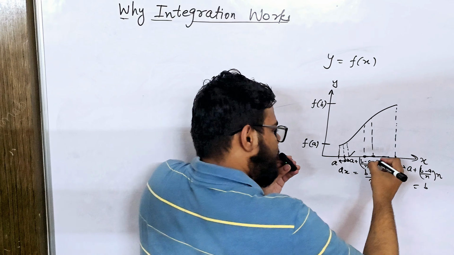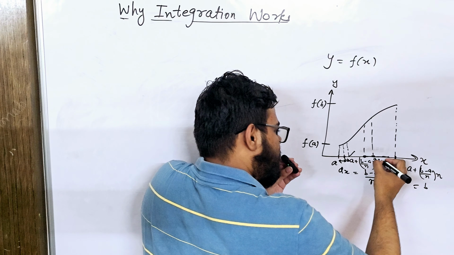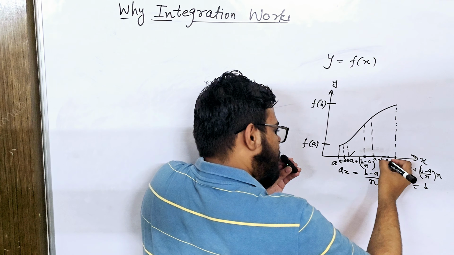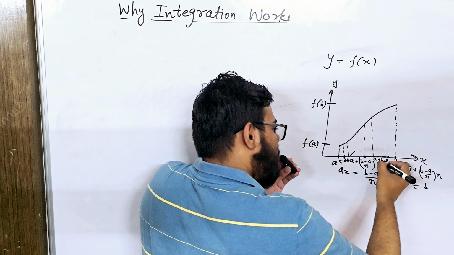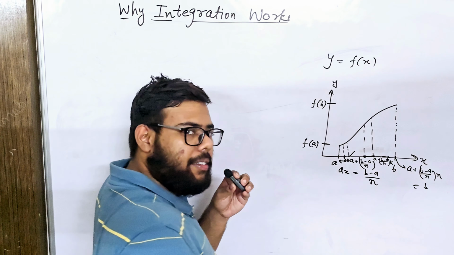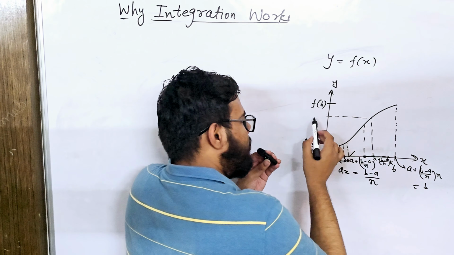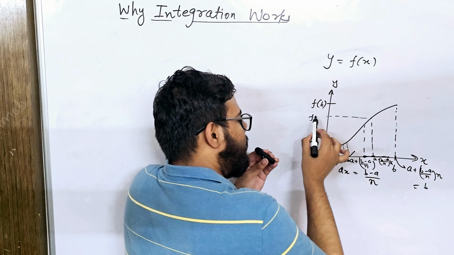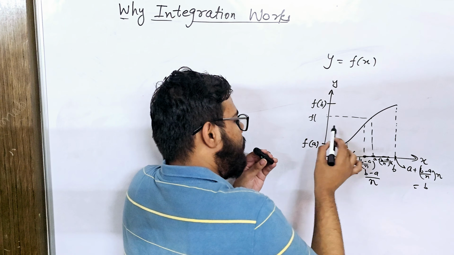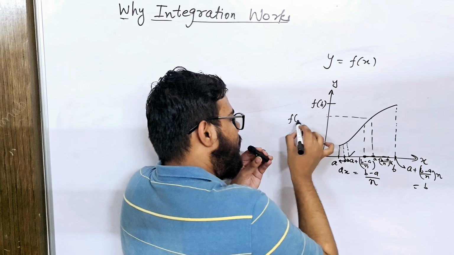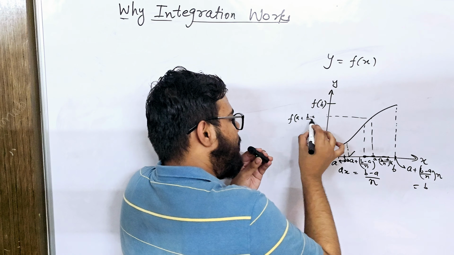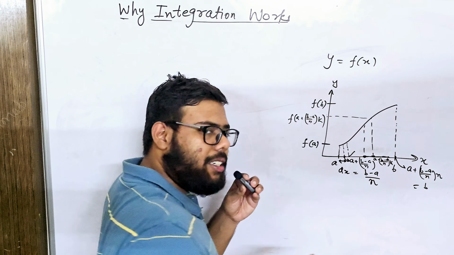So this is a plus (b minus a) by n multiplied by k, and corresponding to this, we will have the value of y as f of a plus (b minus a) by n into k, correct?